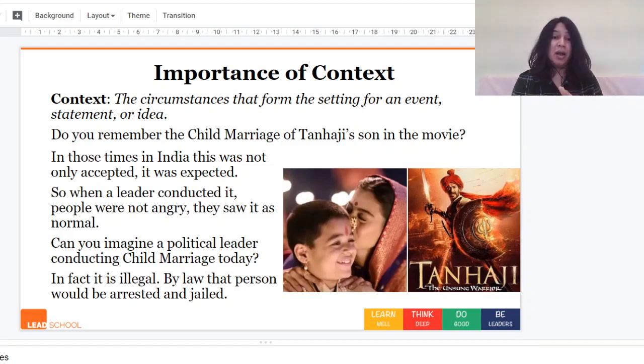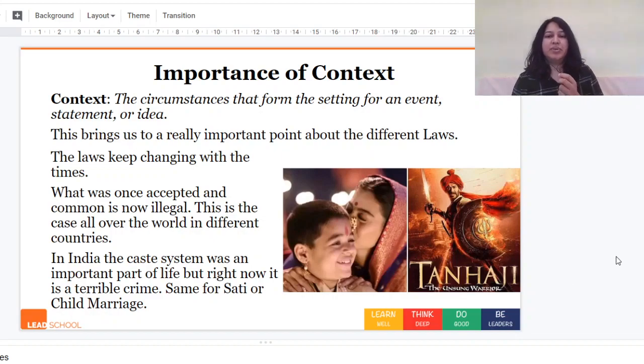Can you imagine a political leader conducting child marriage in India today? In fact, it is illegal. By law, that person would be arrested and jailed. This brings us to a really important point about the different laws.